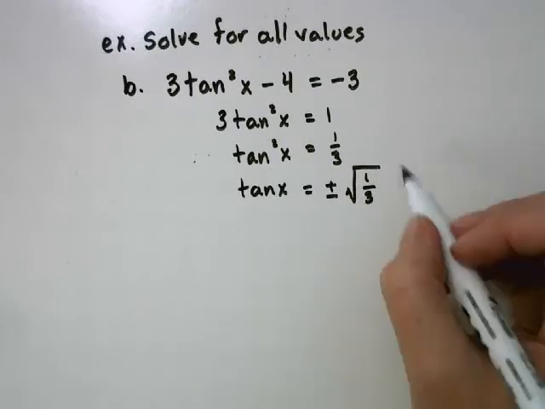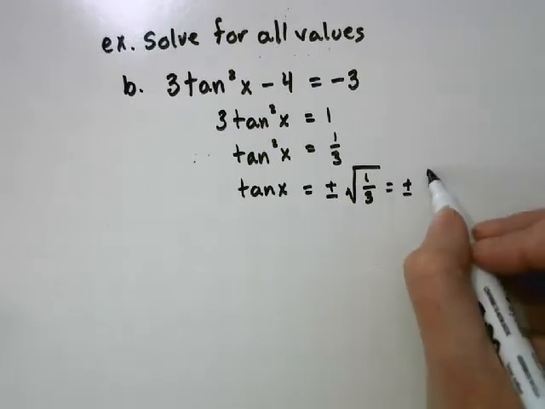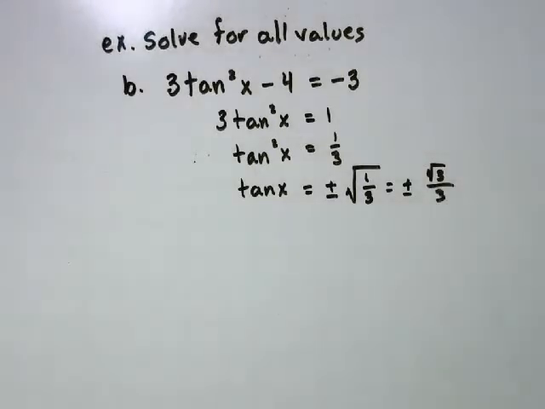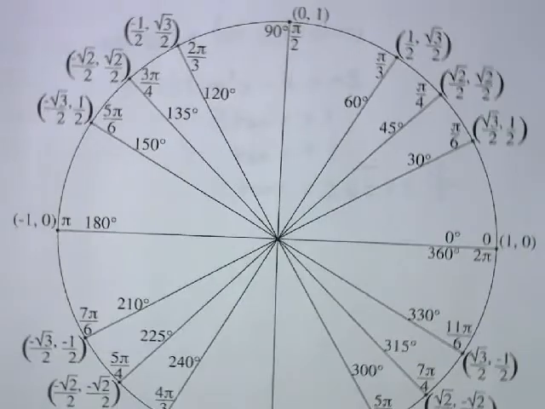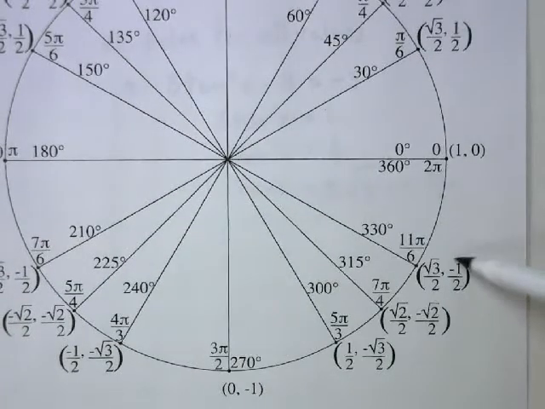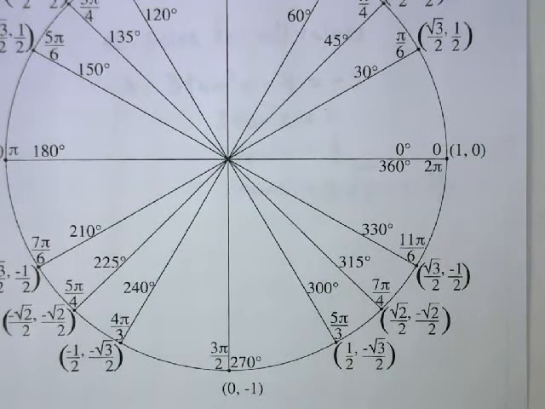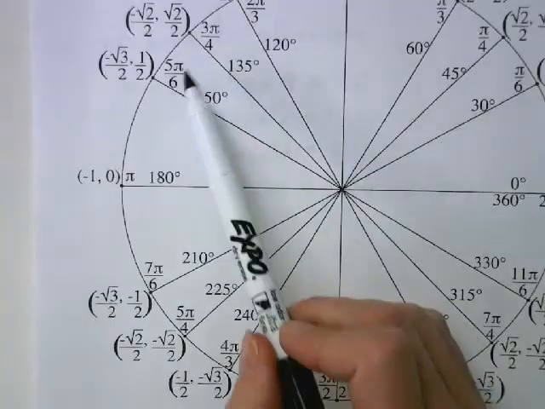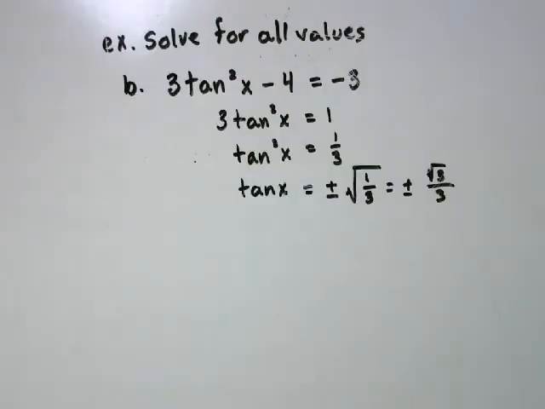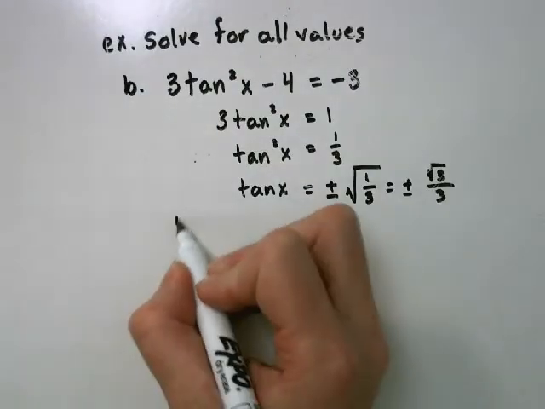So this is 1 over root 3, which we are more used to seeing as root 3 over 3. So we're looking for, in this case, the 4 locations where tangent is plus or minus root 3 over 3. It's not a bad idea to add those tangent values to your unit circle, but they're going to occur when the y value is 1/2 and the x value is root 3 over 2. So that's going to be at pi over 6, 5 pi over 6, 7 pi over 6, and 11 pi over 6. And then we'll add 2 pi k to all of those.